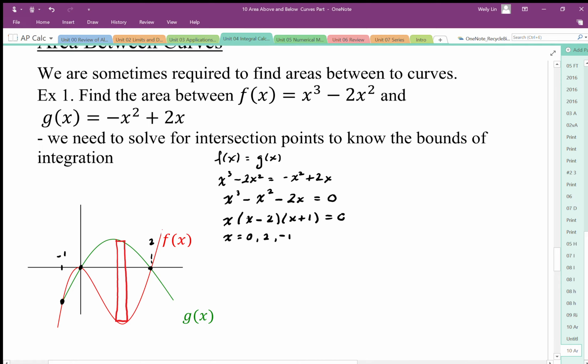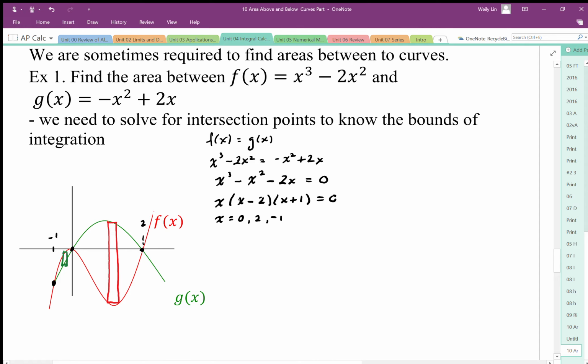So when I do that part, I'm going to use the green minus the red. For this section in here, I'm going to use red minus green. Okay, so I'm going to set this up. So for this green area, which I'm going to shade in green, this area in here, the integral is going to look like this.